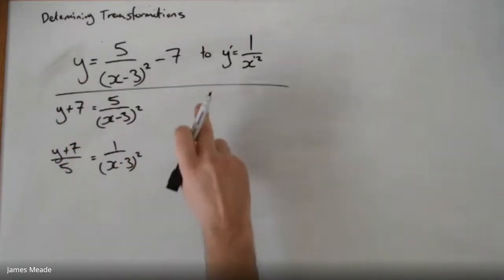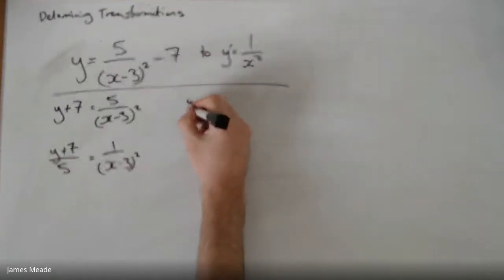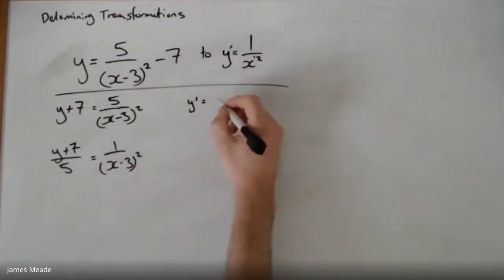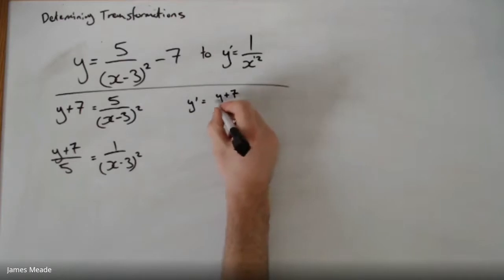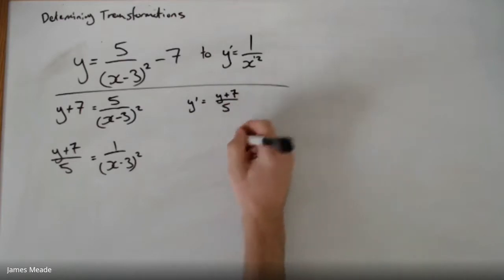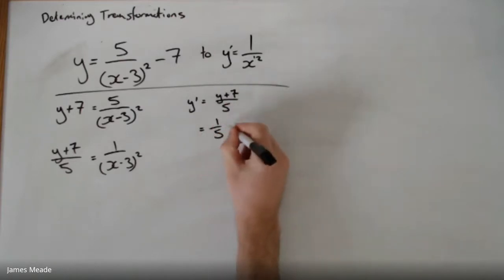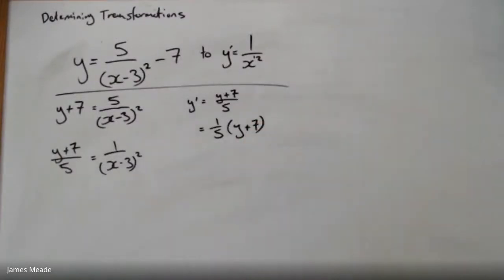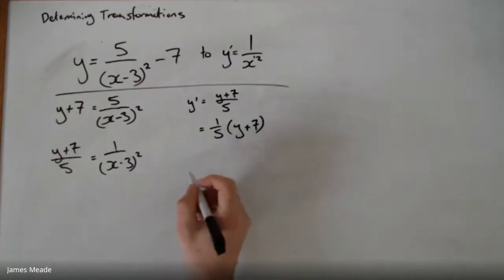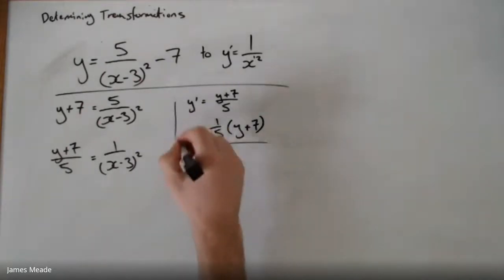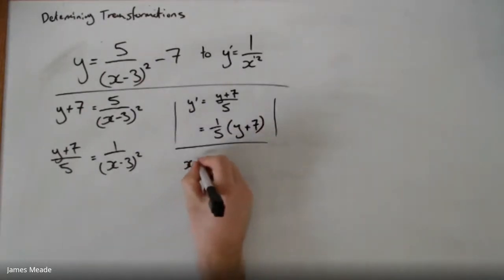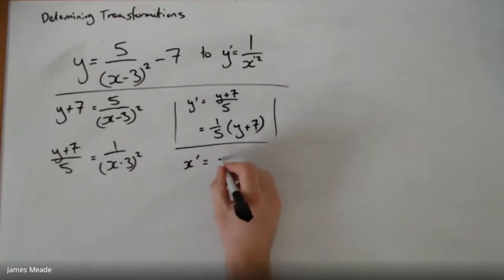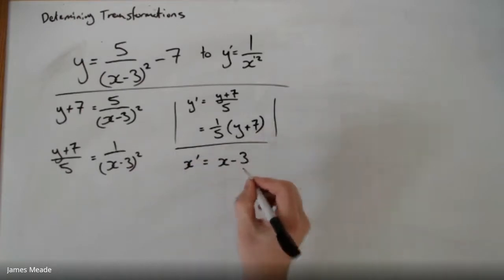So my image, y dash, is equal to y plus 7 all divided by 5, which I could write as 1/5 multiplied by y plus 7, just so it's in one nice little line. And then the x values, I've got x dash is equal to x minus 3.